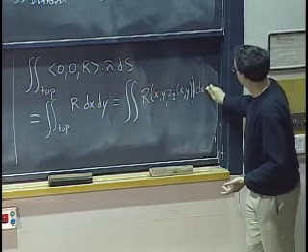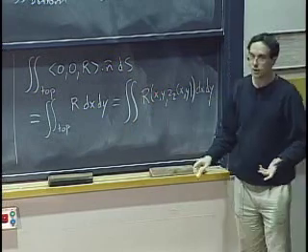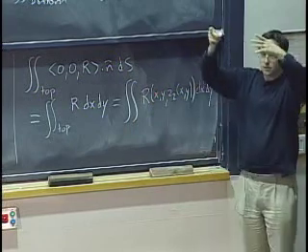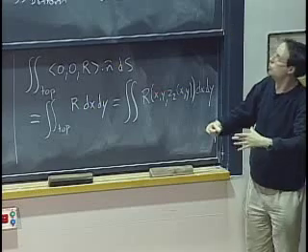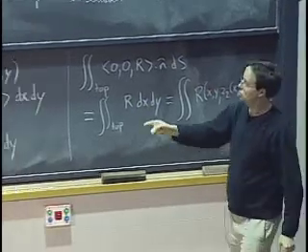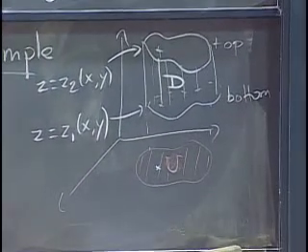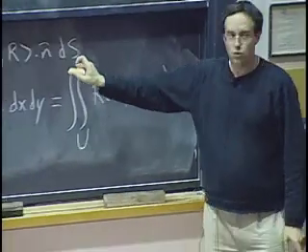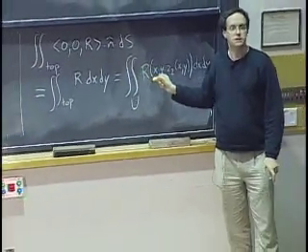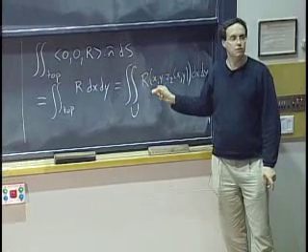Then I integrate dx dy. And what's the range for x and y? Well, my surface sits exactly above this region U in the xy plane, so it's a double integral over U. Any questions about how I set up this flux integral?